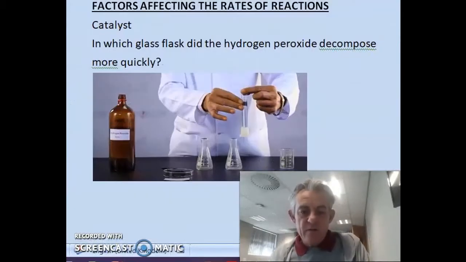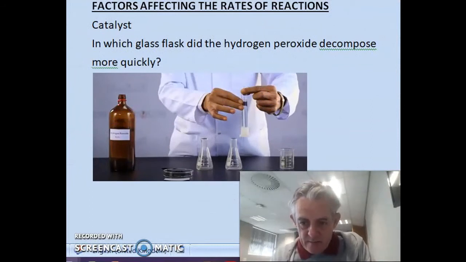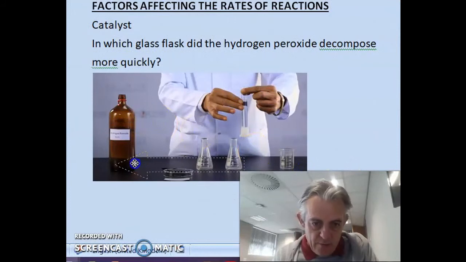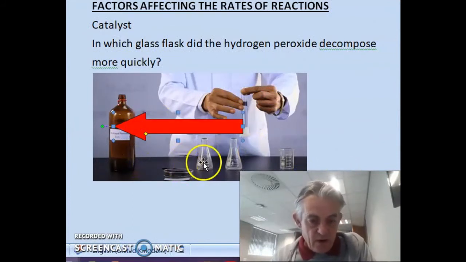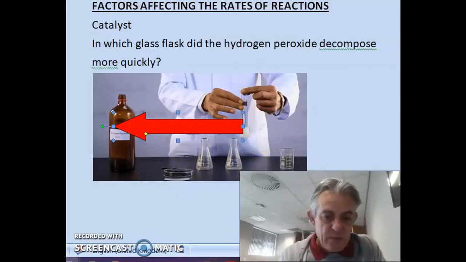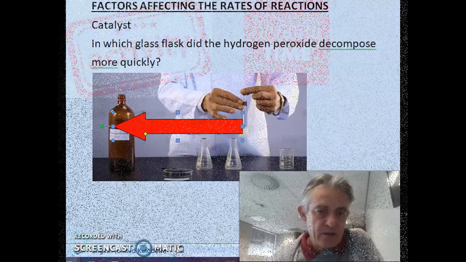So in terms of a catalyst, without a catalyst the reaction in that flask was slower than in this flask. So a catalyst has sped up the rate of the reaction.